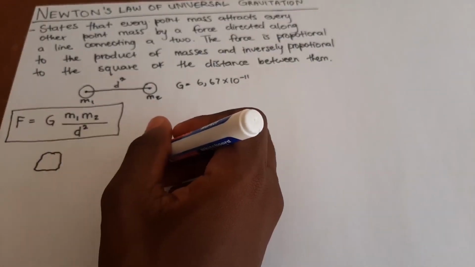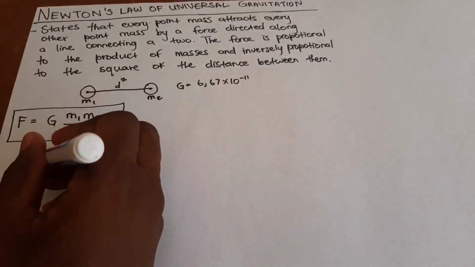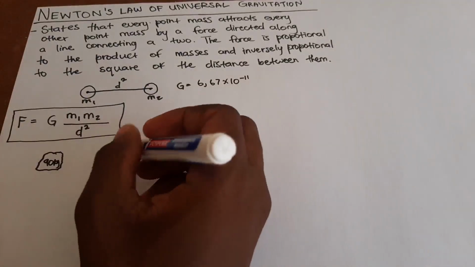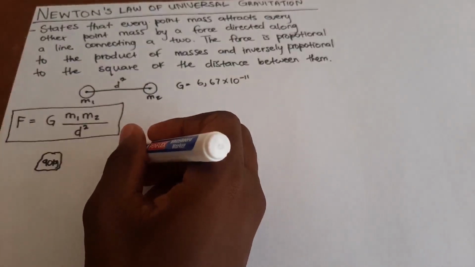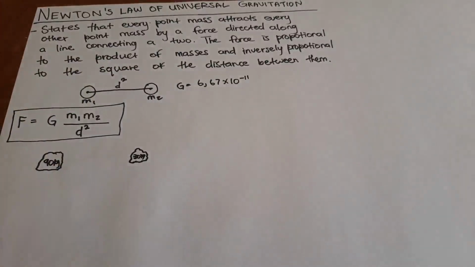This object has the bigger mass. Let's say this is 90 kilograms, and this is 30 kilograms. You can see.